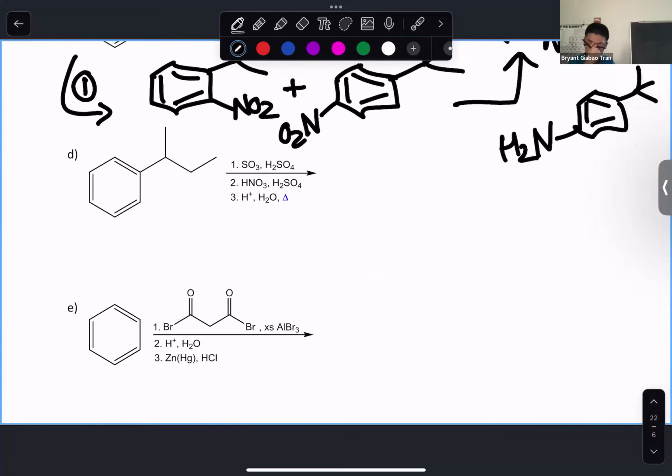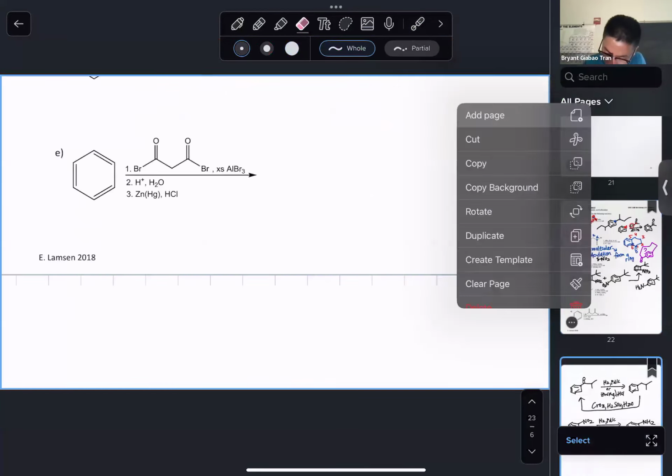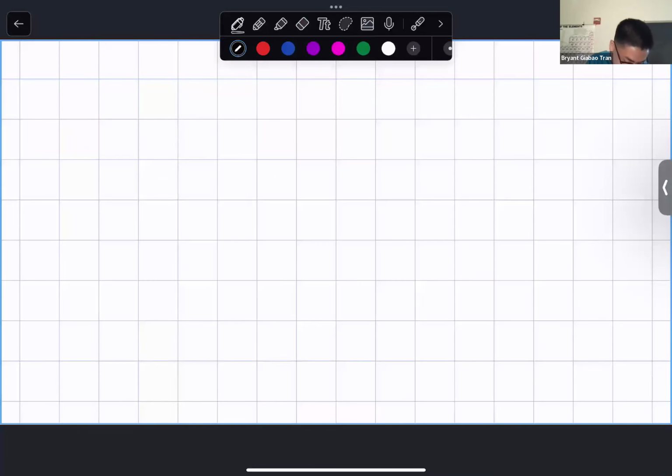So the first reaction is very similar to the first reaction of the last one, where instead of nitration, we have sulfonation. Okay, before we do this problem, let's go over this concept. Right.